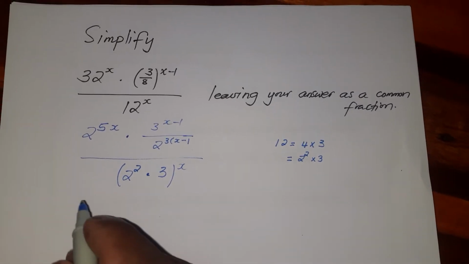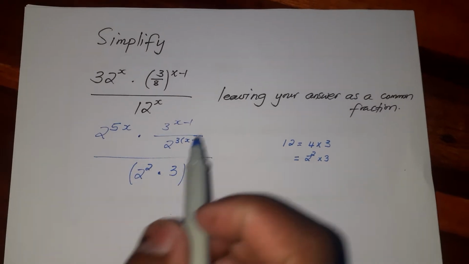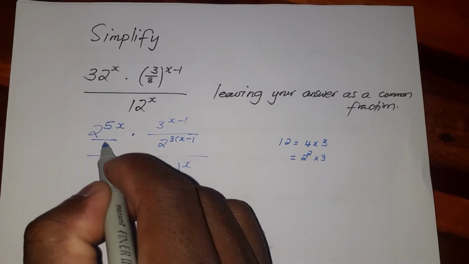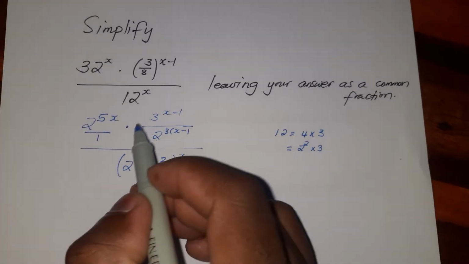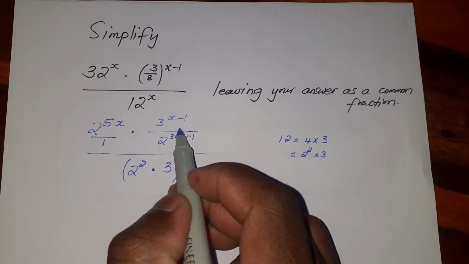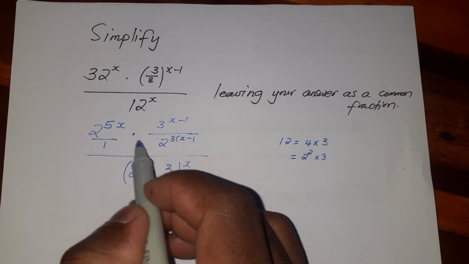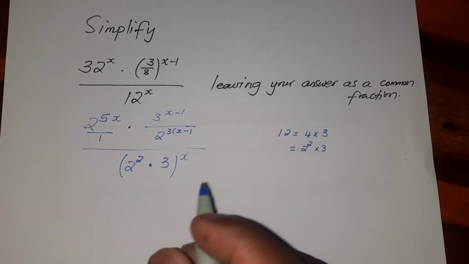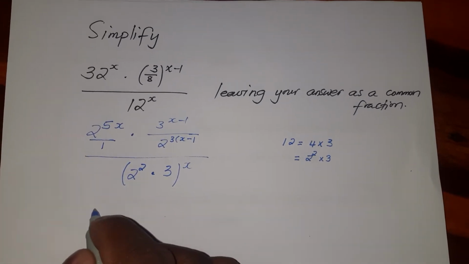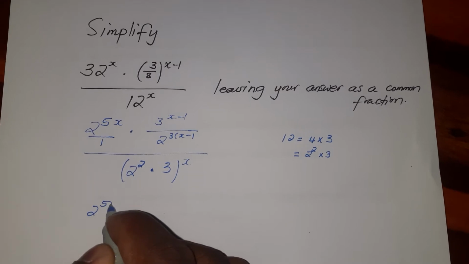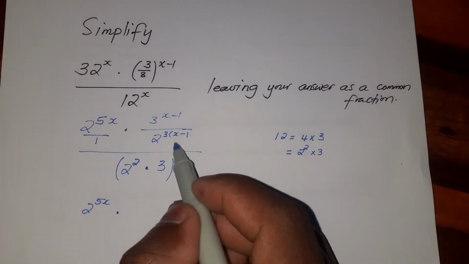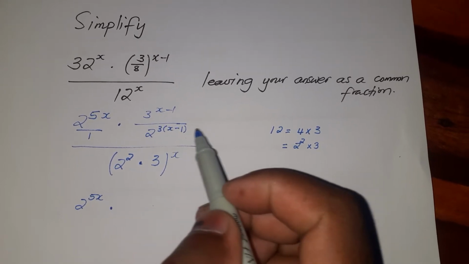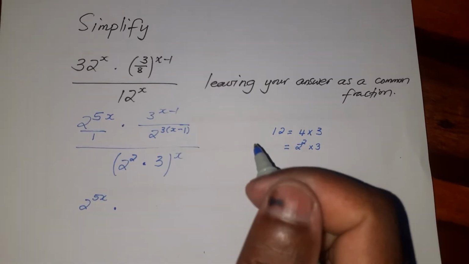Now after that, what we need to do, we can divide this by 1. Since you are multiplying by that fraction, we are going to have the same denominator here with the numerator. So we are going to have 2 to the power 5x times, now these 3 should be multiplied by the two numbers in the brackets.